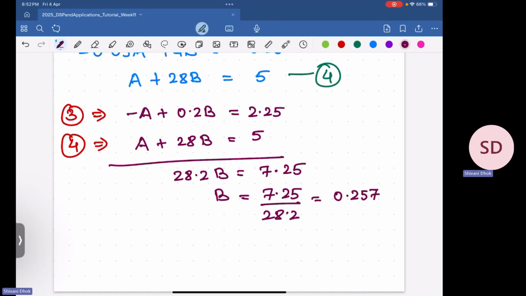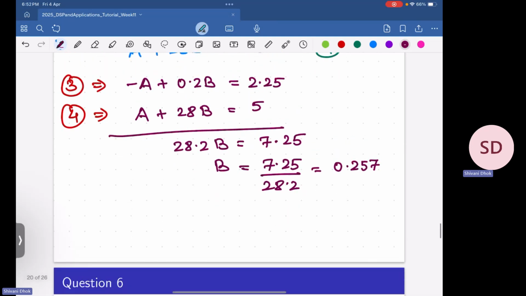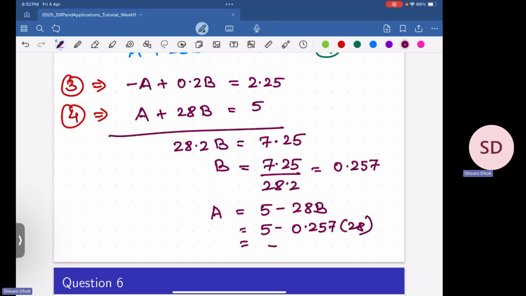Okay, now we have b. So now a can be obtained by 5 minus 28b, which is equal to 5 minus 0.257 into 28. When we simplify this, it comes out to be equal to minus 2.196.